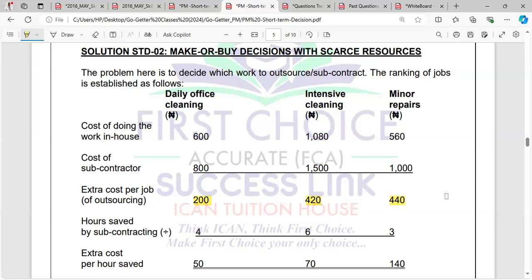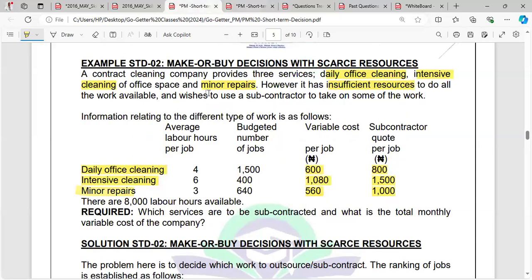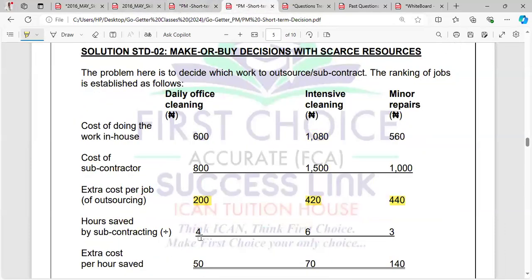Now, look at that extra cost of outsourcing. It says here that one daily cleaning job will cost you 4 hours. Intensive will cost you 6 hours. Minor repair will cost you 3 hours. If you give it out, you are saving yourself those hours because you have subcontracted it.